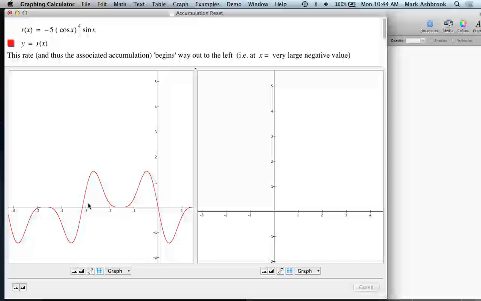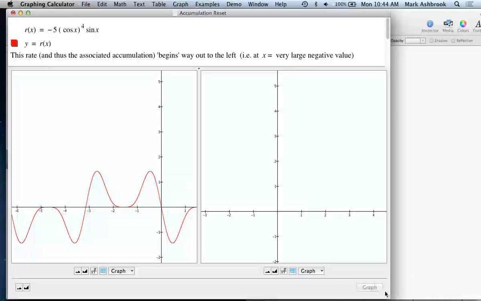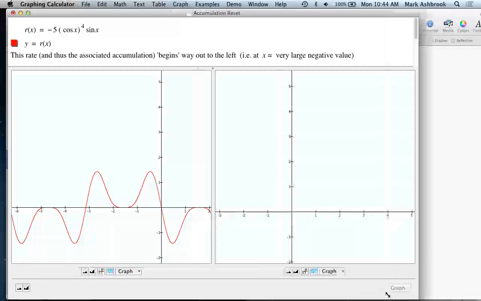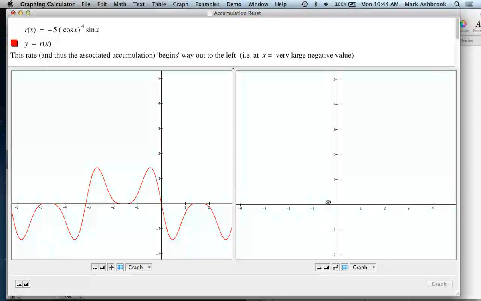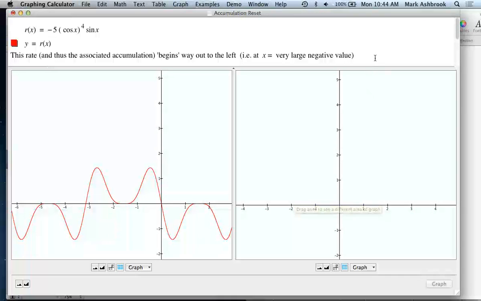So suppose we have this rate function, and this is one of the ones in your homework: -5 cosine to the 4th x sine x. This is one of the rate functions you did in the homework.